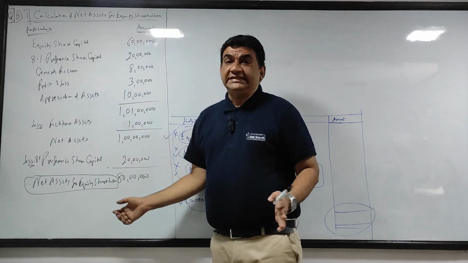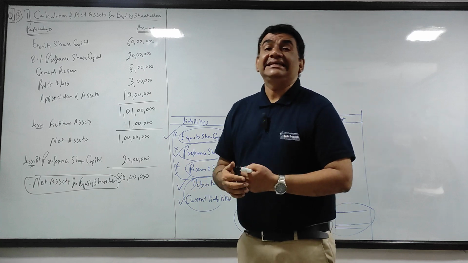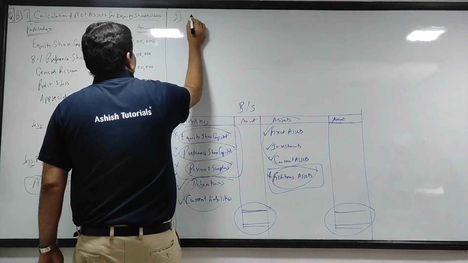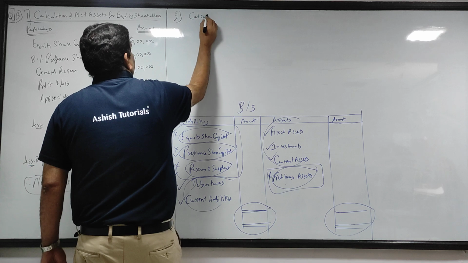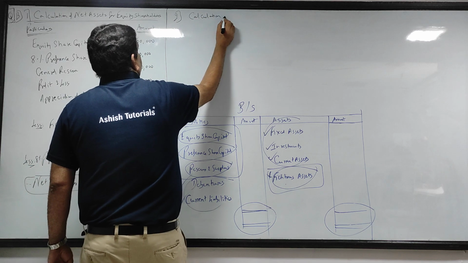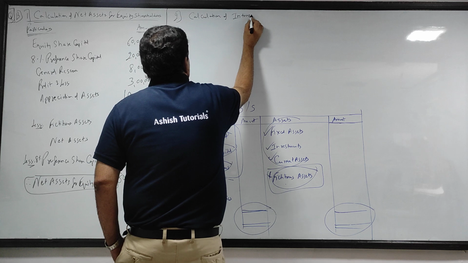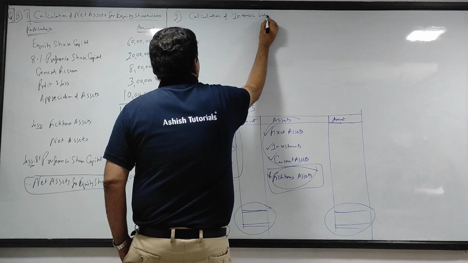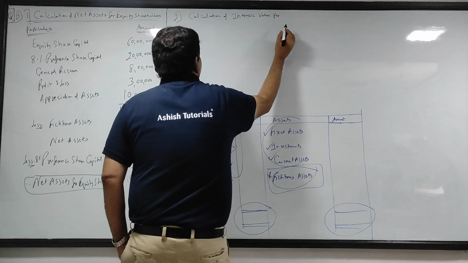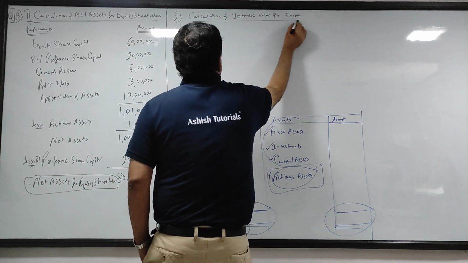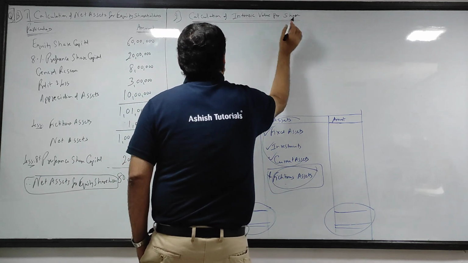Now I got this, now I will get the intrinsic value. We know the second step: calculation of intrinsic value per share.